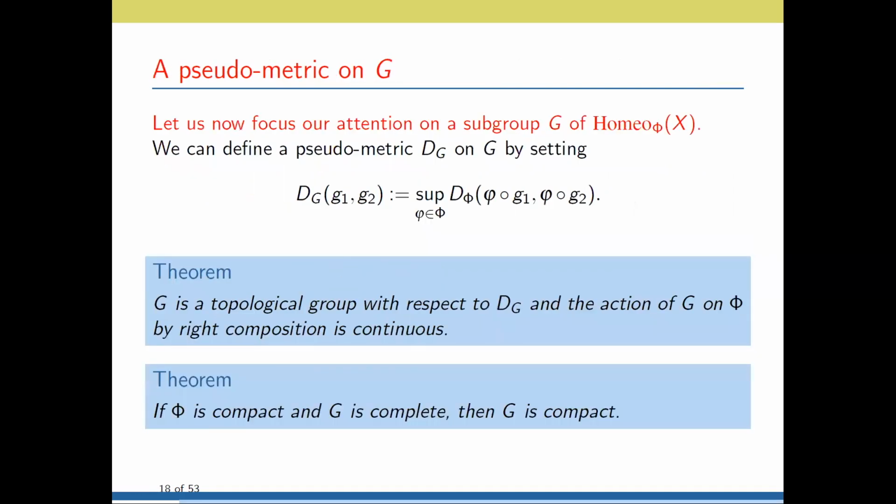Let us now focus our attention on a subgroup G of the group of all phi preserving homeomorphisms of X, or if you prefer, isometries, or if you prefer, bijections. We can define the pseudometric dg on G by setting that the pseudo distance between two permutations, G1 and G2, is the supremum, varying the admissible signal, of the max norm distance between phi composed G1 and phi composed G2.